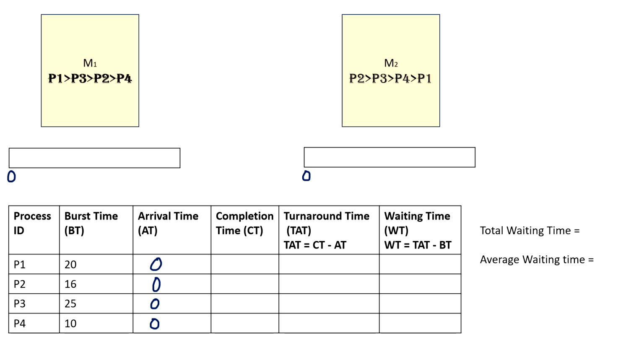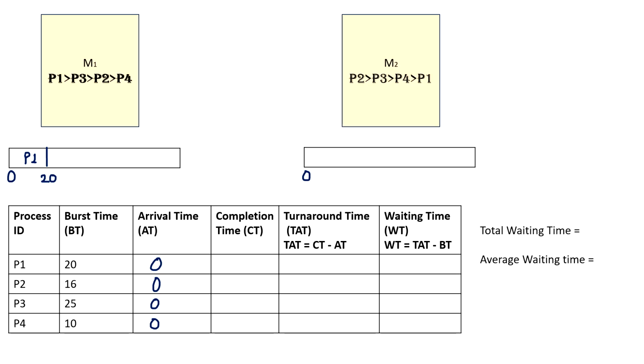For the processor M1, P1 is of highest priority and it is in the system, so we cannot schedule any process from P2 to P4. If any process can be scheduled in M1, it has to be P1, and the burst time for P1 is 20. So this will be there in the system until 20 units of time.